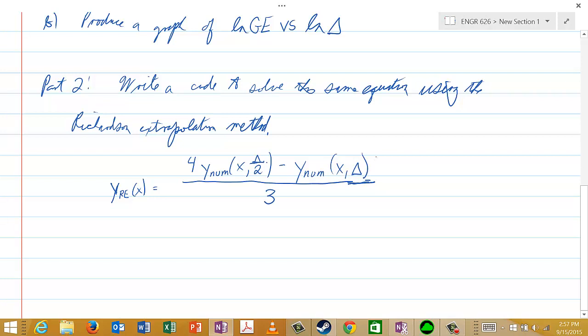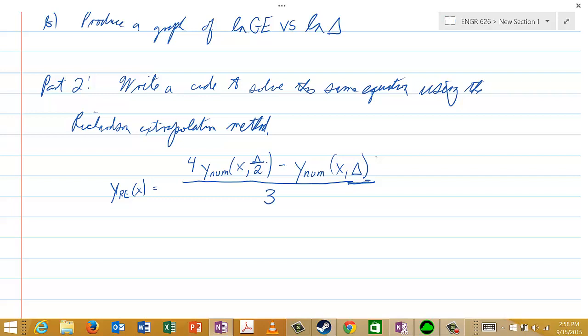So for each delta, the first time through, delta is equal to h. The second time through the loop, delta is equal to h over 2. The third time through the loop, it's h over 4. And then the fourth time is h over 8. Each time through the loop, you're going to cut delta in 2. But don't get this confused, because each time through the loop, you actually want to calculate 2 solutions.